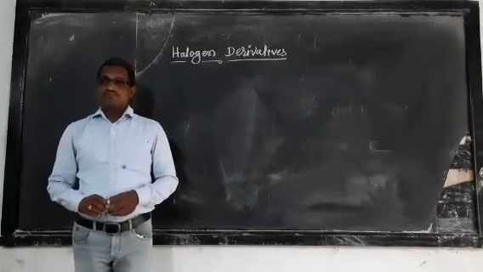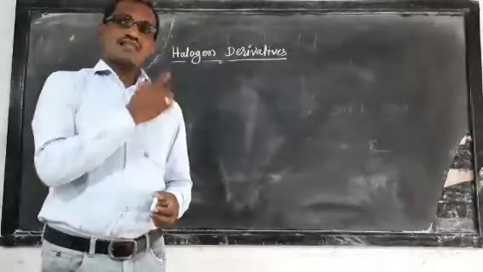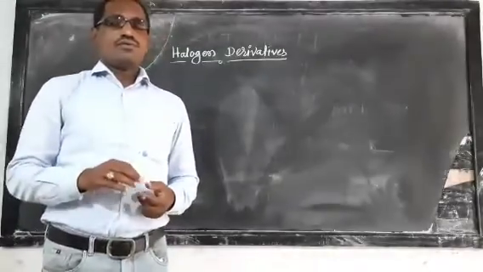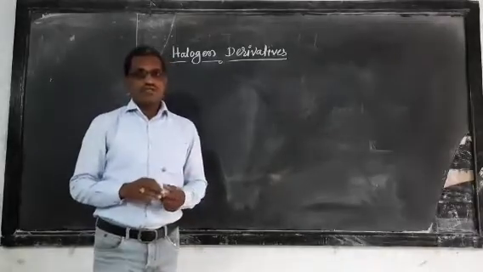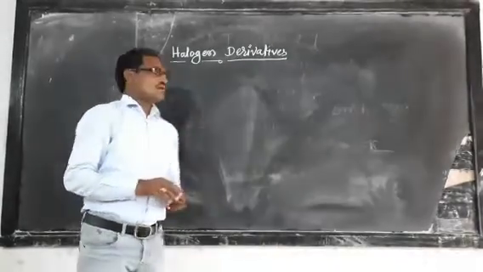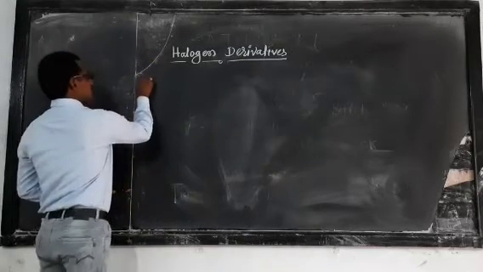Hello friends, we are learning the chapter halogen derivatives, and in the last session we have completed the introductory part and classification of halogen derivatives. Now we will study nomenclature.